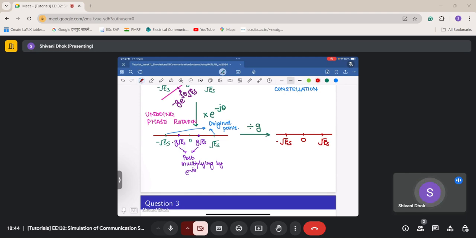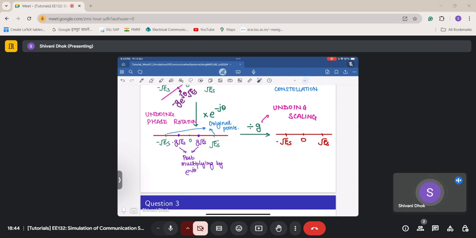I'm completely ignoring the noise right now, but this is what we'll get. So this is undoing scaling.